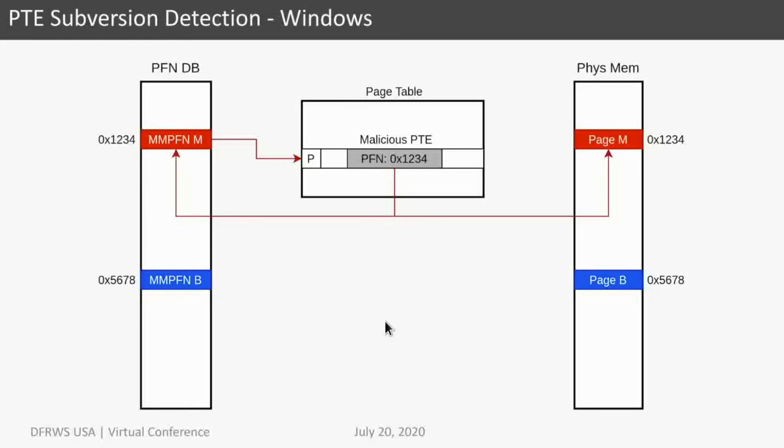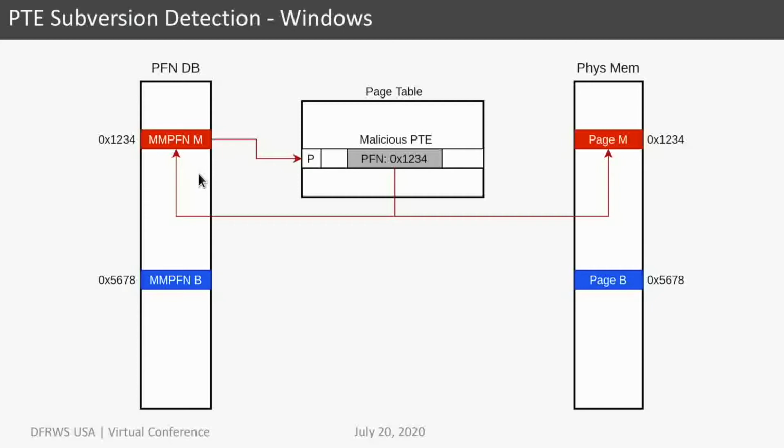Now the PTE subversion detection on Windows. It's a different story on Linux, so we are splitting this detection in 2 parts. On Windows, we now have here the initial situation, so the malicious PTE points currently still to the malicious page. And in this case here now, we have also the physical point of view on the memory, the PFN database, which we mentioned earlier briefly.